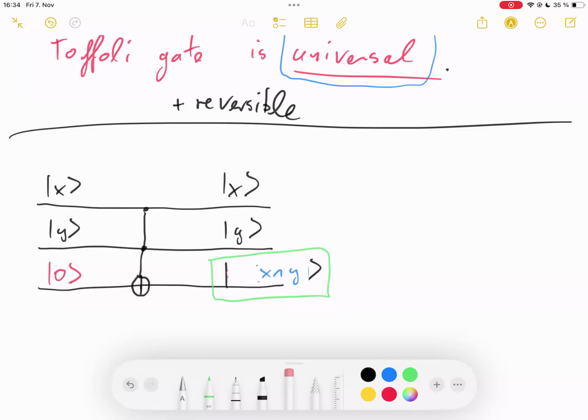So what I have built here is an AND gate from the Toffoli gate. It's not just an AND gate, it's a Toffoli gate that calculates the AND for me, and it is reversible. So we have just built a reversible AND gate.